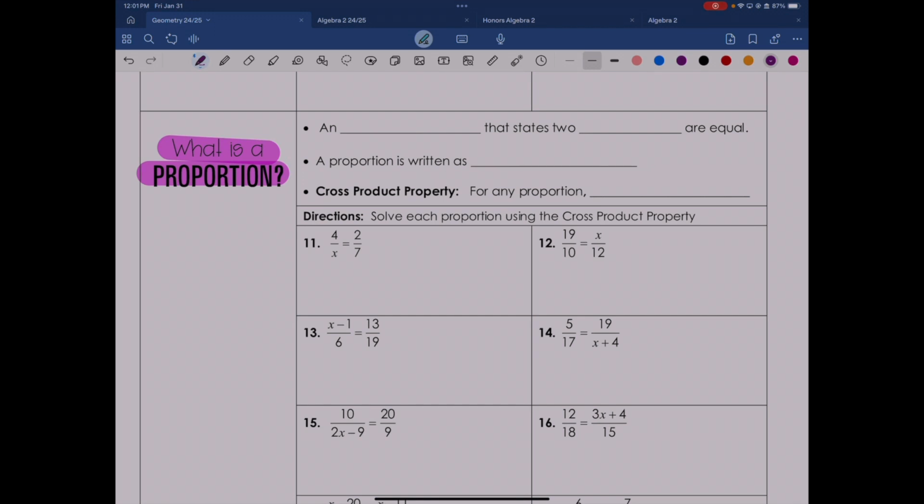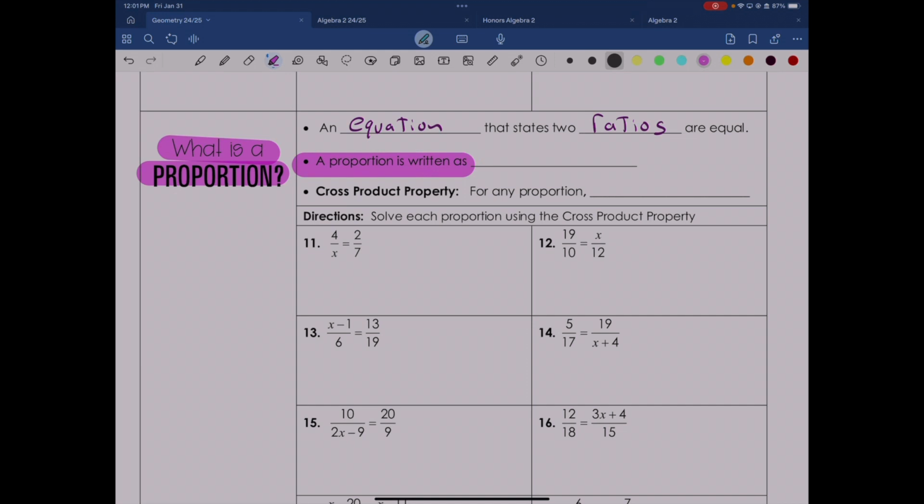A proportion is an equation that states two ratios are equal. So a proportion is an equation that states two ratios are equal.